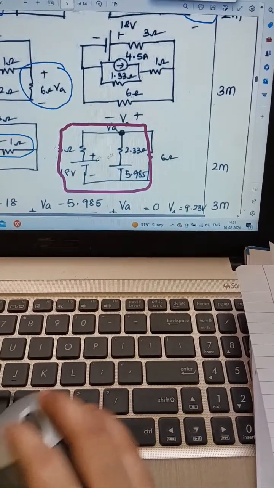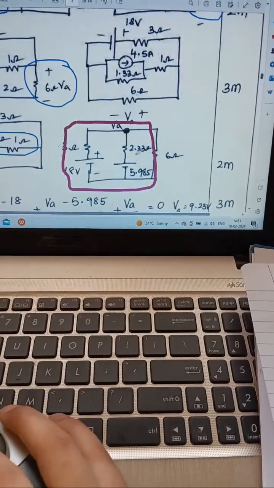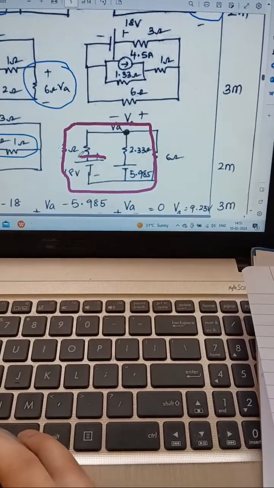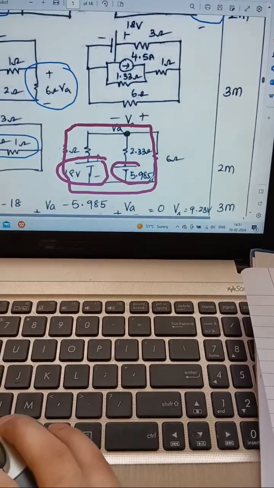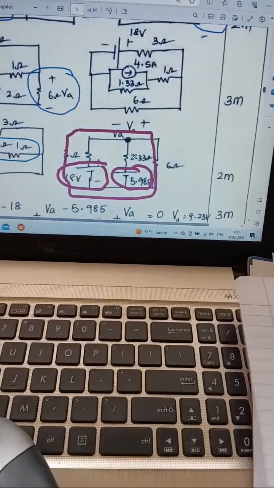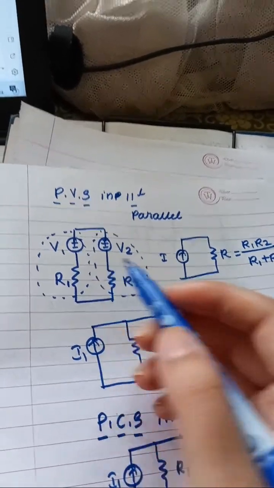See, this is a practical voltage source, meaning there is a voltage source in series with the resistance, and this is also a voltage source in series with the resistance, and these two are in parallel to each other. That is what we discussed over here. This is the practical voltage sources in parallel.